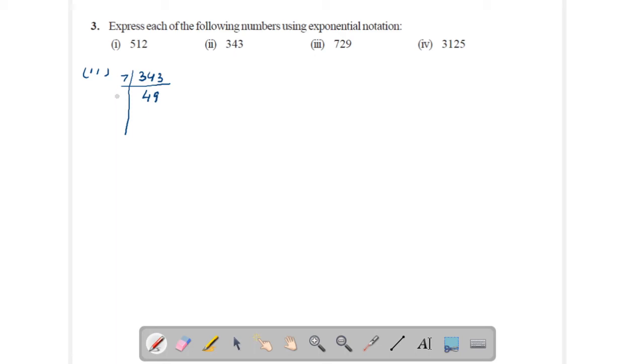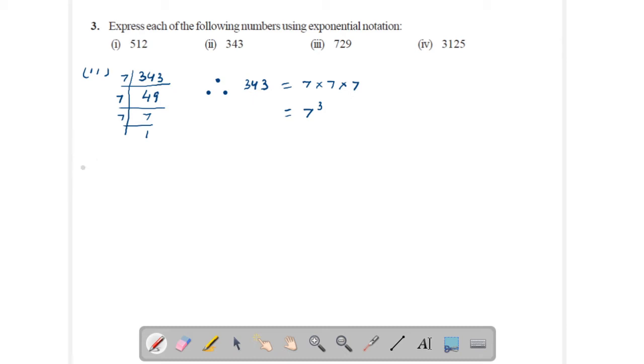Now 49 is divisible by 7. 7 7s are 49, again by 7, you will get 1. Therefore 343 can be written as 7 into 7 into 7, and in exponential form we can write it as 7 raised to power 3 because 7 is multiplied 3 times.